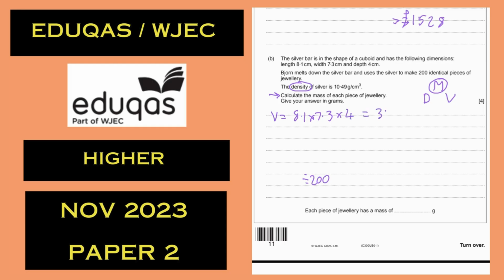I get 236.52 centimetres cubed. Next, we'd like to find the mass. We need to take this and multiply it by the density, 10.49. That will give us the mass.